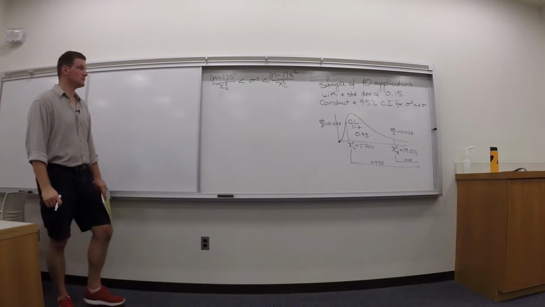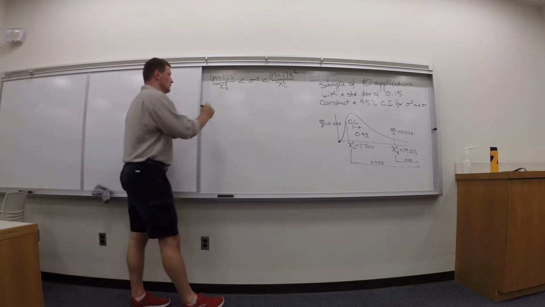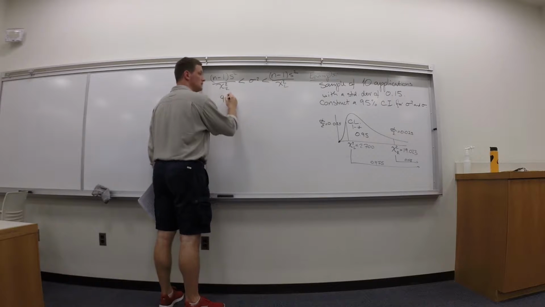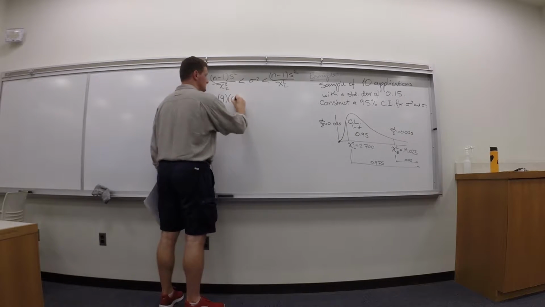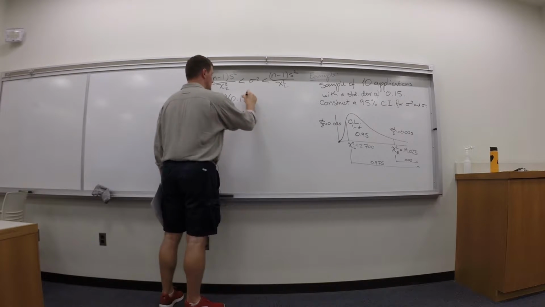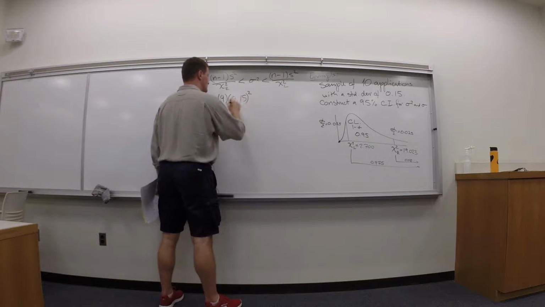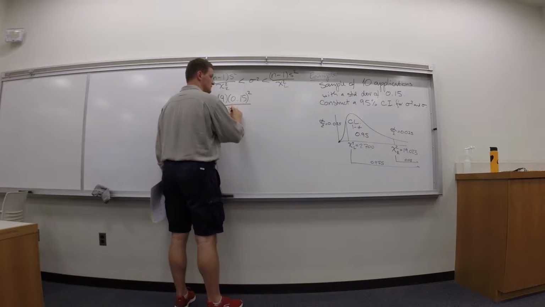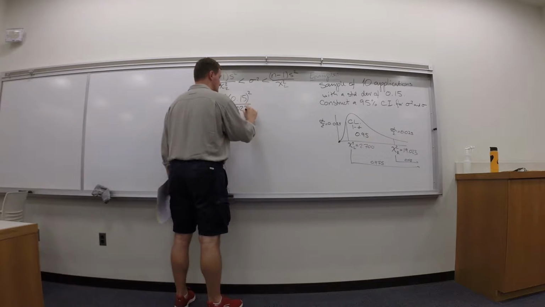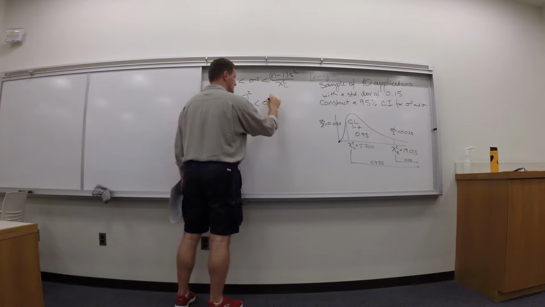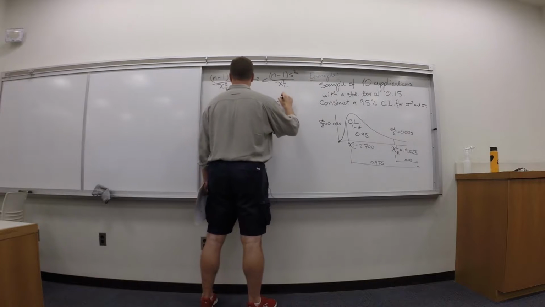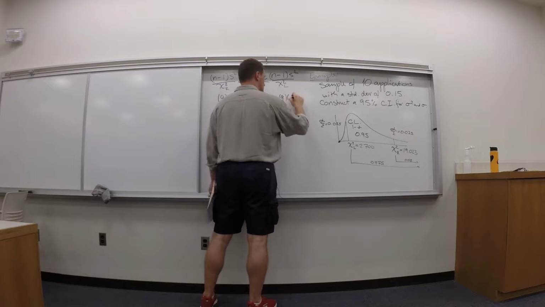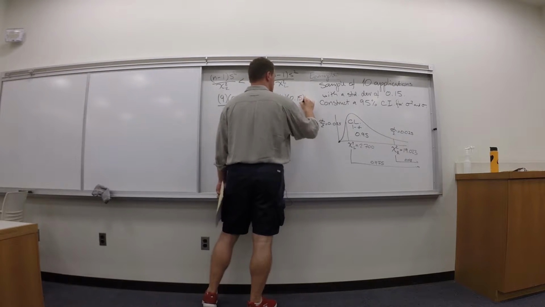So now we just plug it in. That's 9 times 0.15 squared divided by 19.023 less than sigma squared less than 9 times 0.15 squared divided by 2.7.